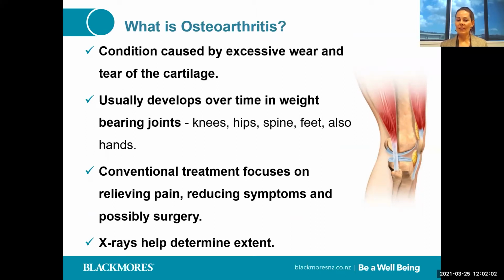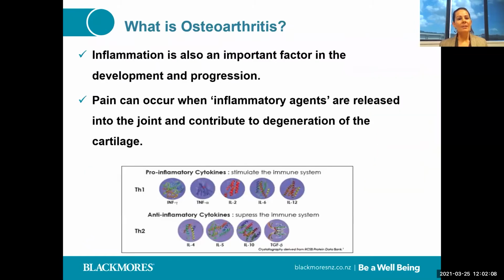X-rays can help determine the extent, but are not always a determinant of what pain may be suffered. Inflammation is also an important factor in the development and the progression of osteoarthritis. Pain can occur when inflammatory agents are released into the joint and contribute to the degeneration of cartilage.